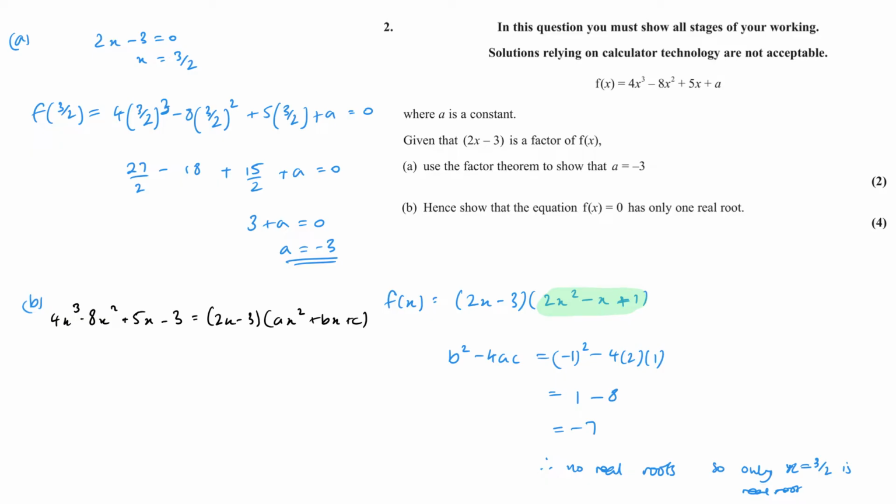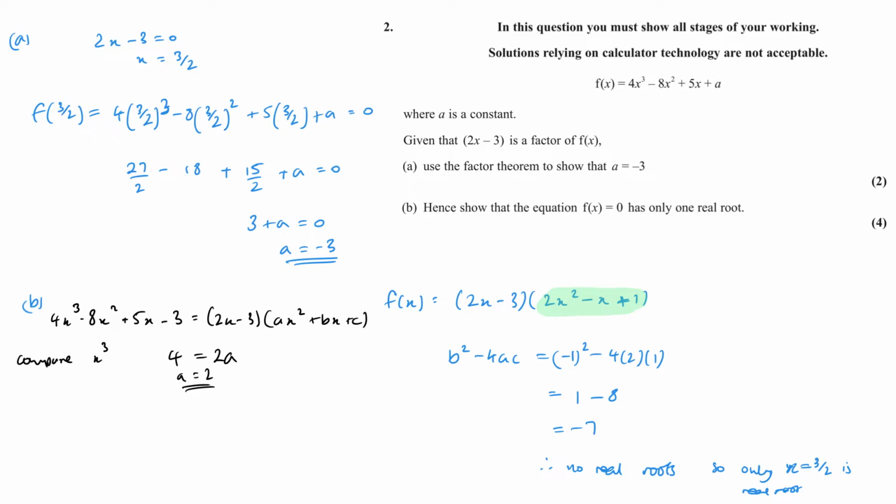And then we're going to compare coefficients of x cubed. So on the left here we have 4, and on the right we have 2a, because 2x times ax squared will be 2ax cubed. So 2a, therefore a equals 2.